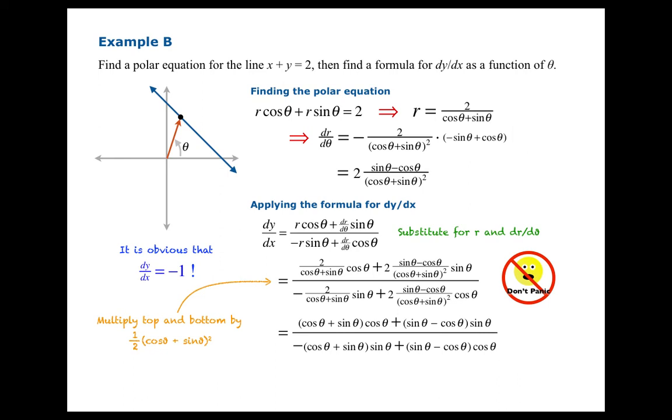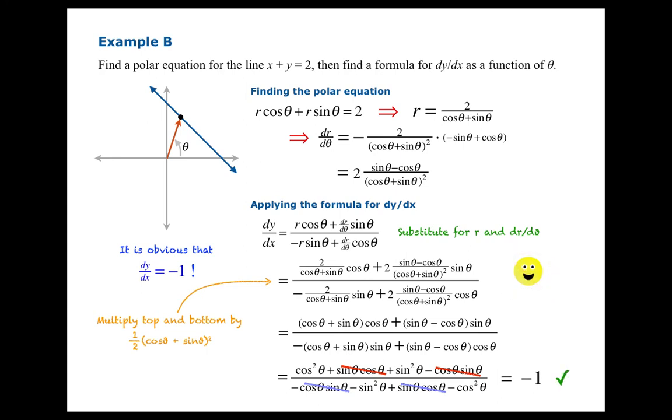And a lot of that is going to simplify. Now the expression you have is much easier to deal with, and if you expand that, in fact, you get some nice cancellation. Cosine squared plus sine squared on the top is 1, negative sine squared minus cosine squared on the bottom is negative 1. Lo and behold, our formula actually gave us the right answer. In fact, it simplified all the way down to negative 1. Independent of the value of theta, dy dx is always negative 1.